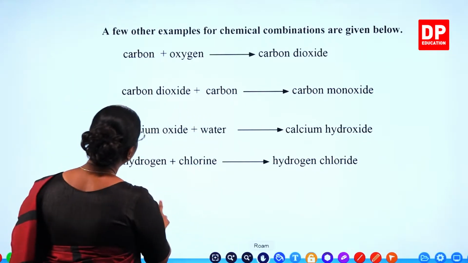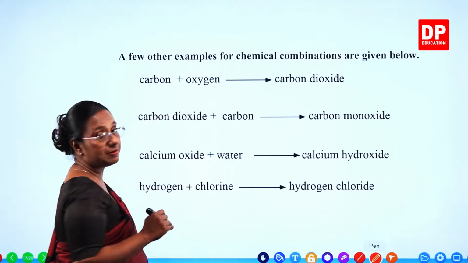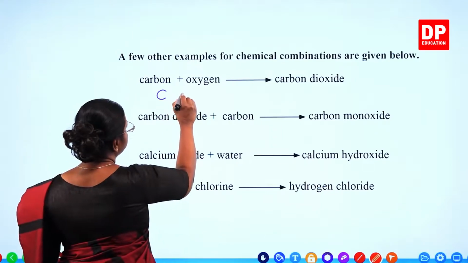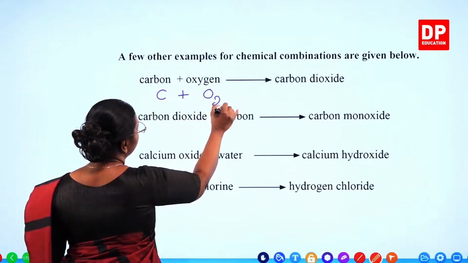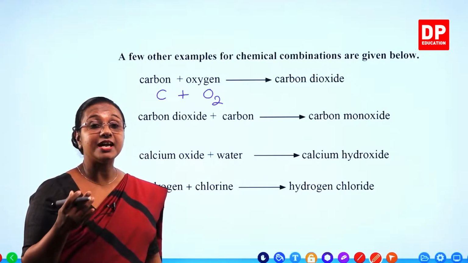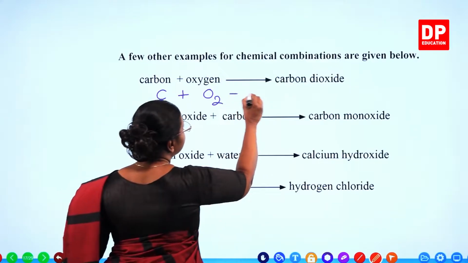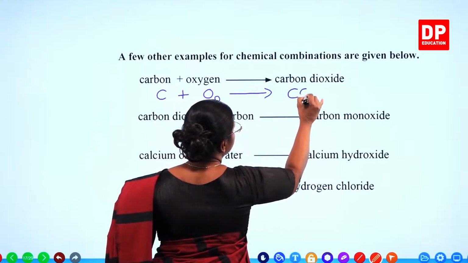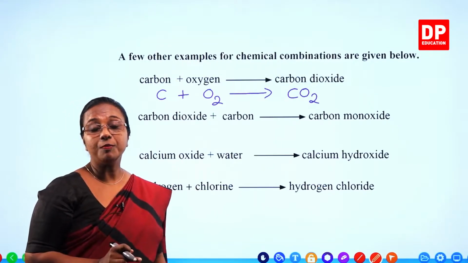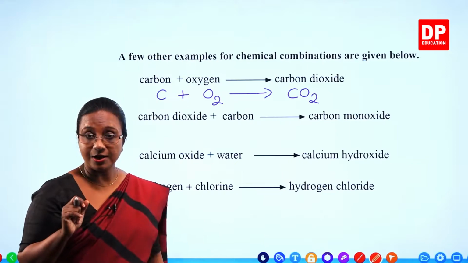As I told you before, students, we can write the balanced chemical equation as well. Carbon is denoted by C, oxygen is O2 because it is present as diatomic molecules in the atmosphere, and that gives rise to CO2, carbon dioxide. Two elements combine and form one product.